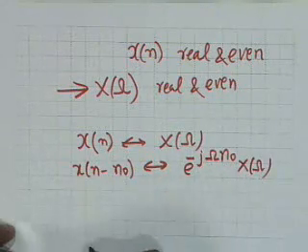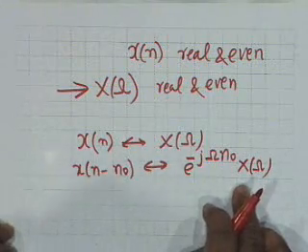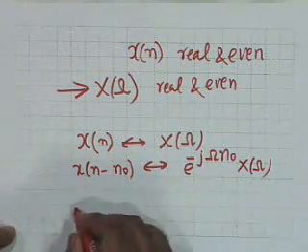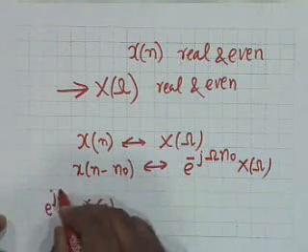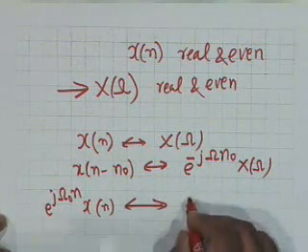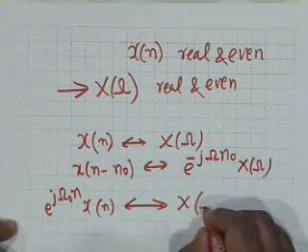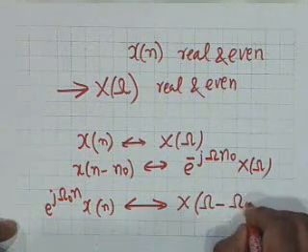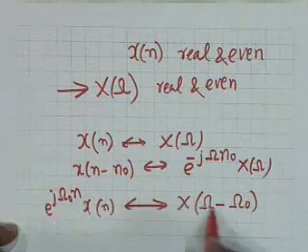This is the time shift, sequence shift. On the other hand, if I multiply x of n by e to the j omega 0 n, it is very simple to show from the definition that this will be simply capital X of omega minus omega 0. What is to be remembered is, if there is a plus sign here, then there is a delay here.